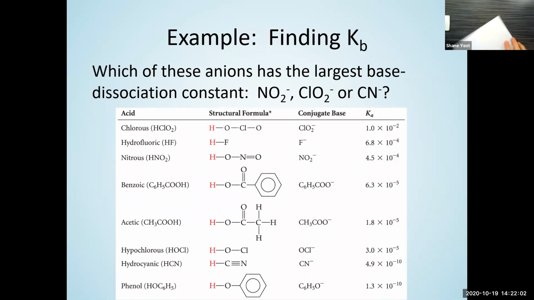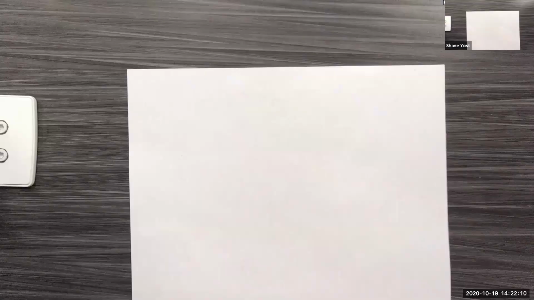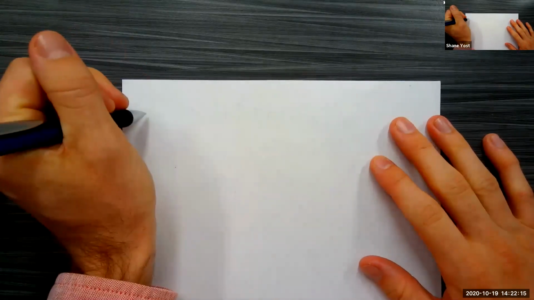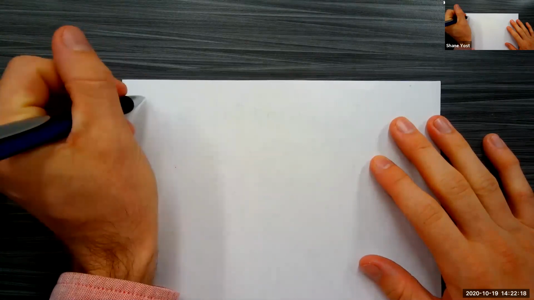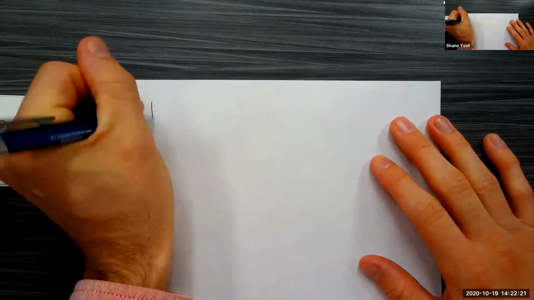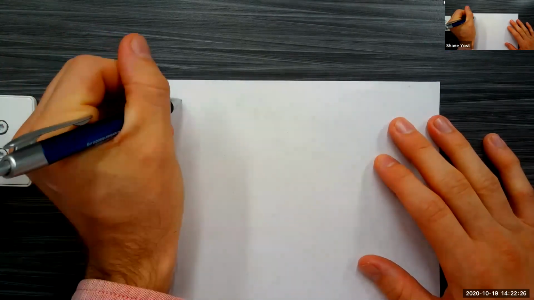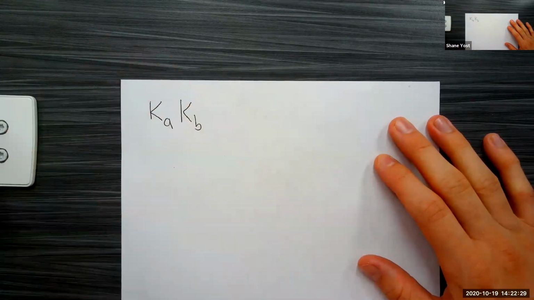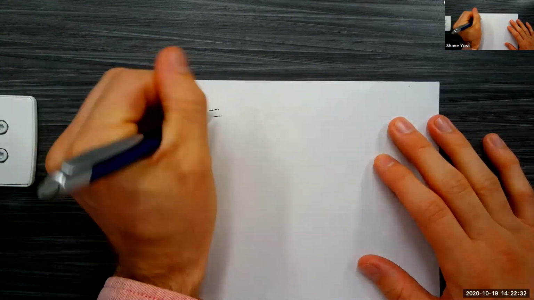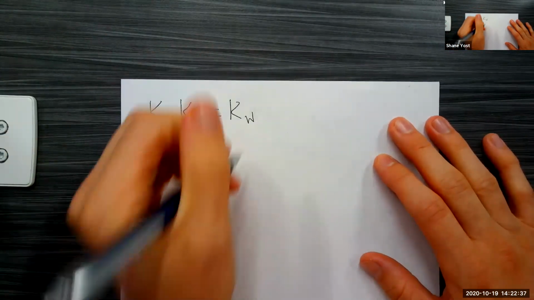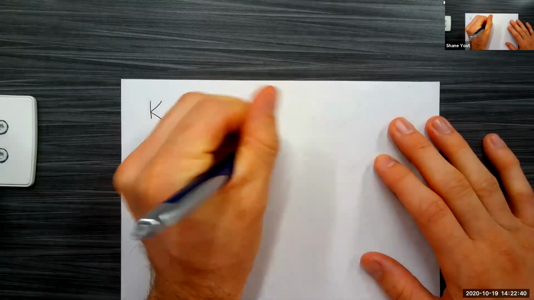One equation given in the lecture videos online for chapter 16 describes the relationship between a weak acid and its conjugate base: the acid dissociation constant Ka for a weak acid times the base dissociation constant Kb for its conjugate base is equal to Kw, the equilibrium constant for water, which is 1.0 times 10 to the minus 14.